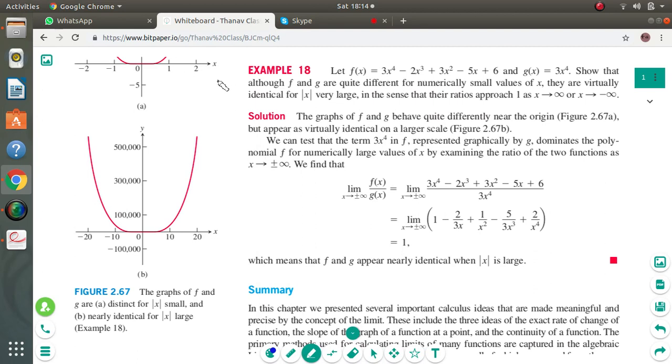Let f(x) be 3x to the power 4 minus 2x cube plus 3x square minus 5x plus 6, and g(x) equal to 3x to the power 4. Show that although f and g are quite different for numerically small values of x, they are virtually identical for modulus of x very large, in the sense that the ratios approach 1 as x tends to infinity or x tends to minus infinity.